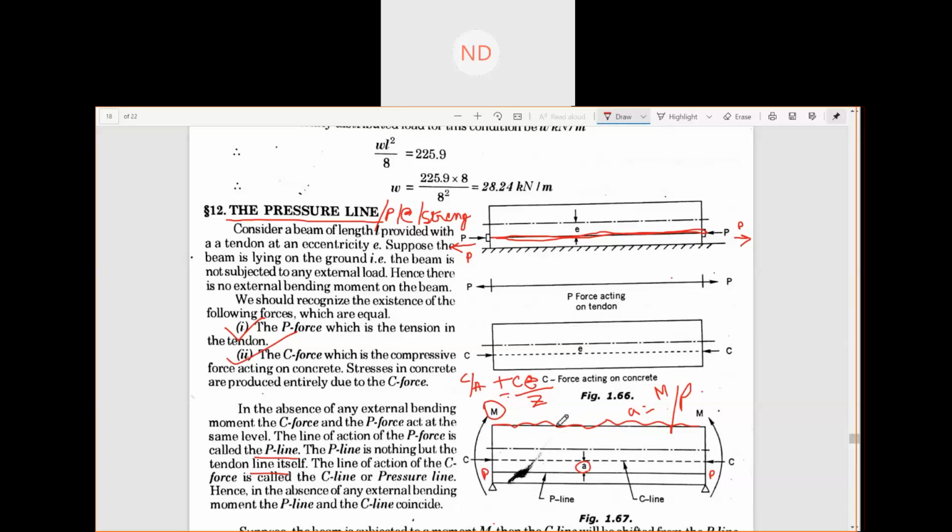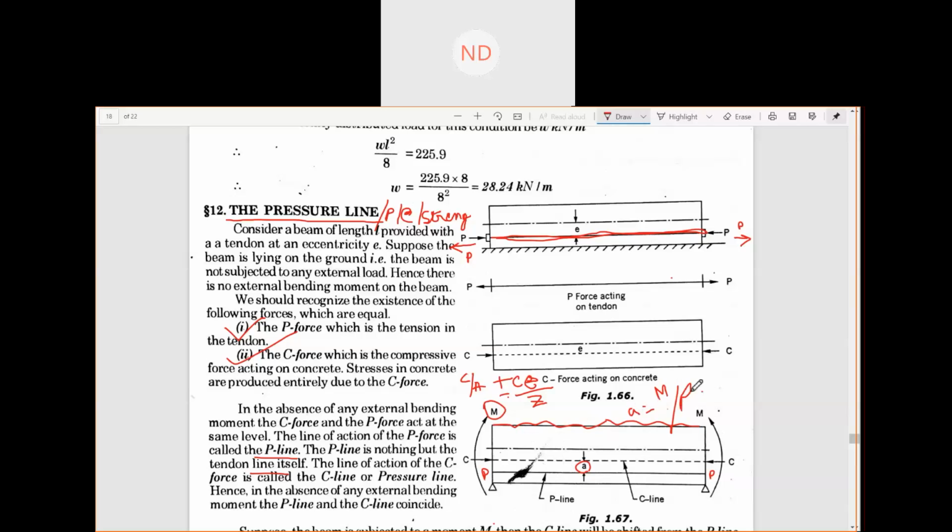Okay, and I told you that the shift of the C line from the P line can be calculated by M by P. So the shift of the C line from the P line is given by how much? M by P, where M is the moment and P is the pressure, the pre-stressed force.